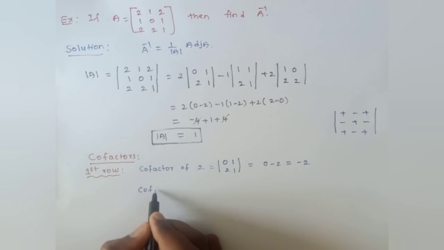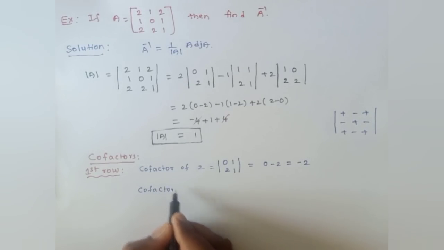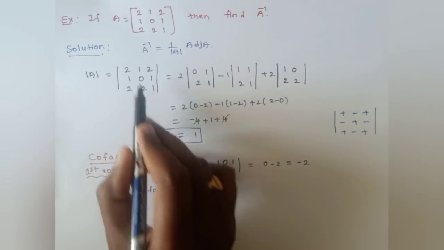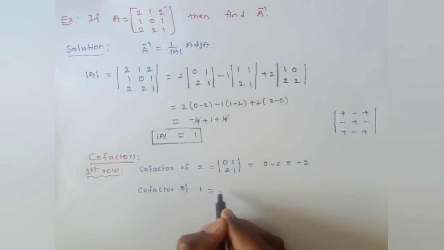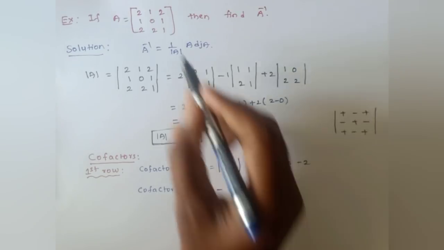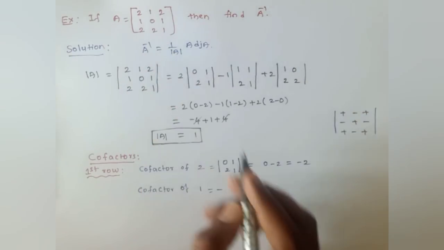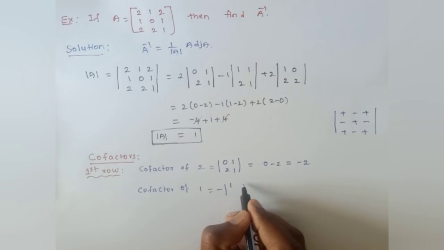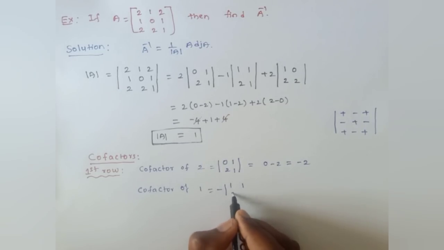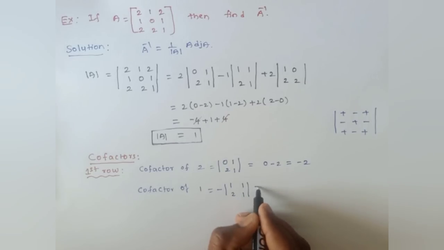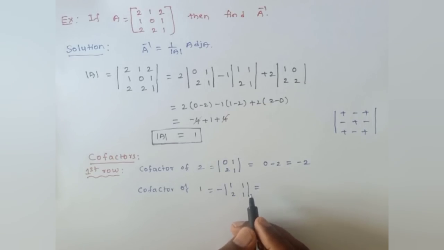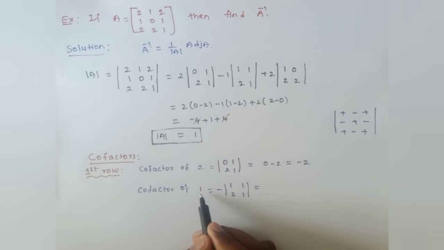Next, the cofactor of the next element, 1. Now here the sign is negative, and by deleting this row and column, we get 1, 1, 2, 1. Doubt may come about which row and column to delete. You just need to delete the row and column where the element is present.